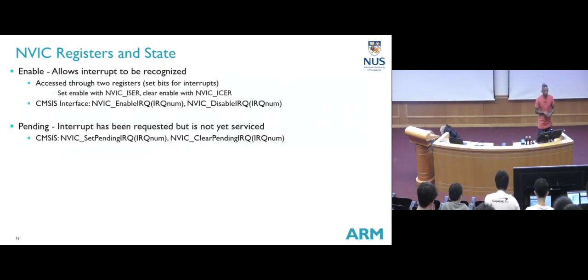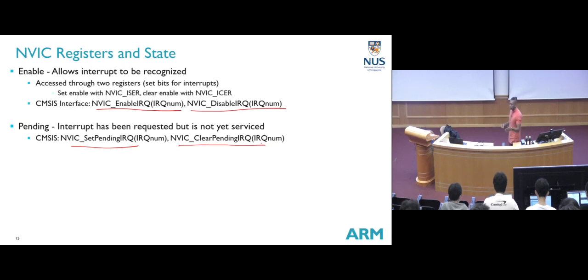To enable an interrupt, I use the function NVIC enable IRQ. If I want to disable, I use disable IRQ. We will look at that later. Set pending IRQ allows us to set an IRQ in code, without a hardware trigger.